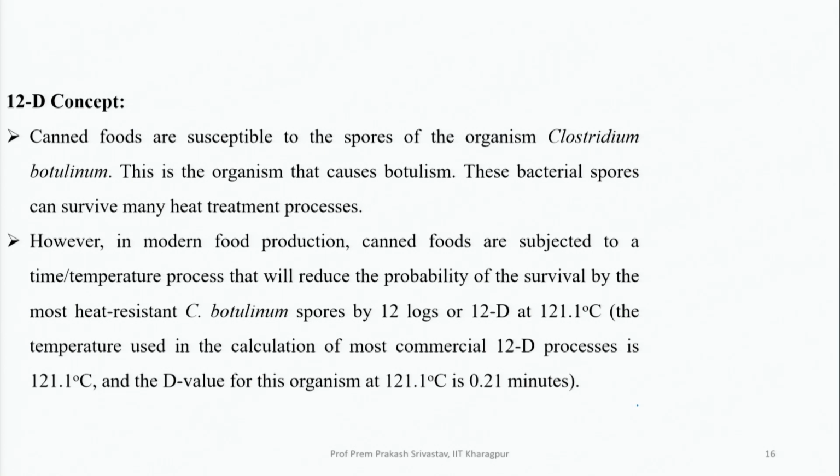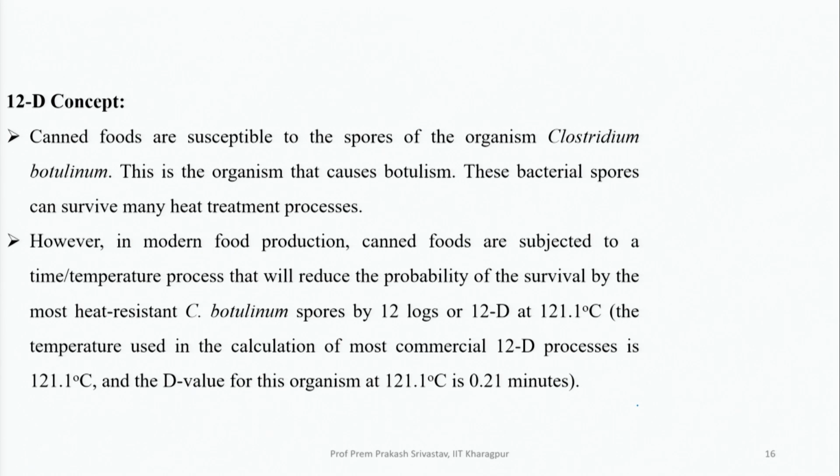Now, the 12D concept. Canned foods are susceptible to the spores of the organism Clostridium botulinum. This is the organism that causes botulism. These bacterial spores can survive many heat treatment processes.